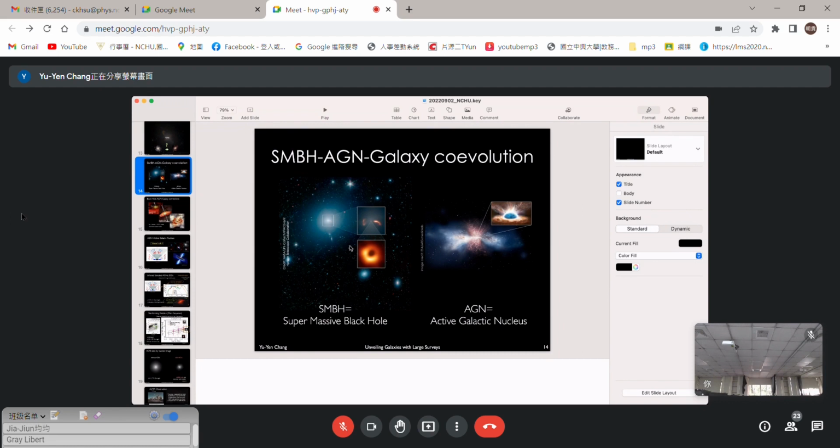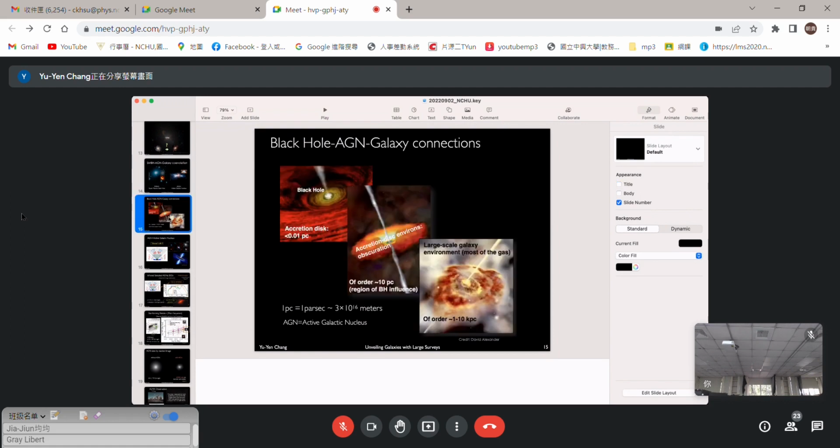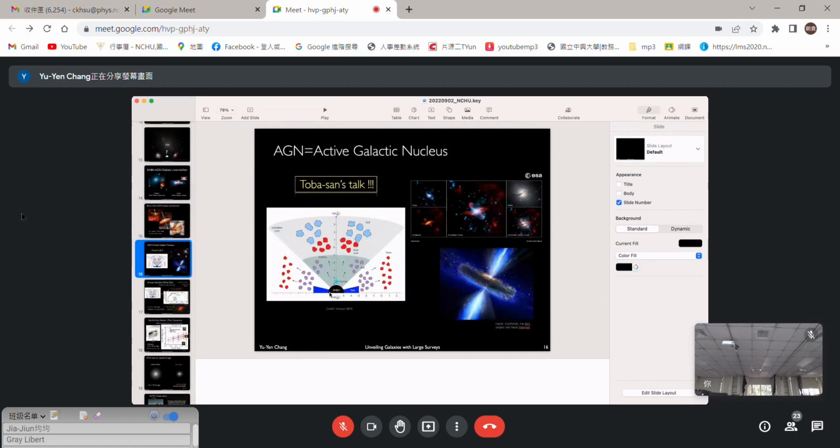In observations, we try very hard to find the connections, but until today, most of them are not very straightforward. We just see that if they have a massive black hole, they may have more star formation, so they are proportional to each other. Another reason is the AGN model I talked about, which usually contains a black hole in the center as well.